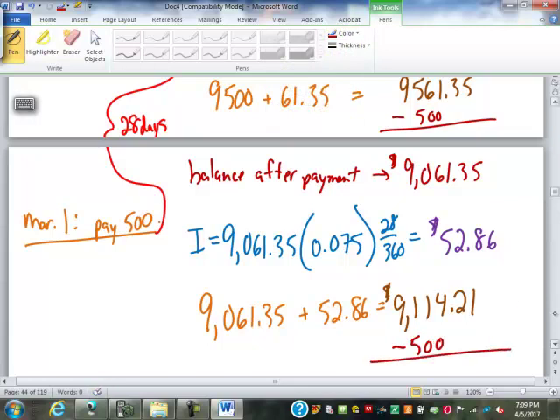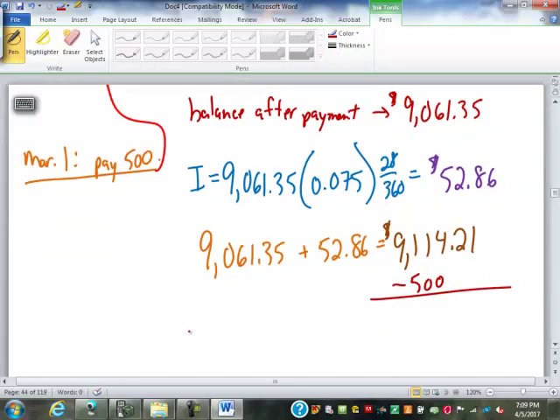Subtract the $500 payment. The balance after that March payment is $8,614.21.